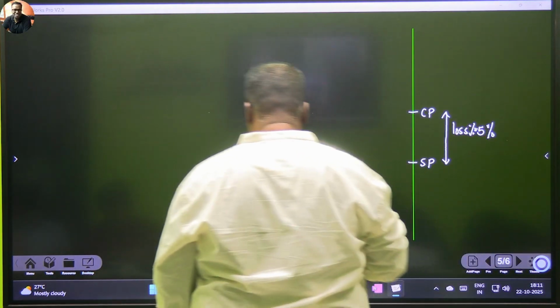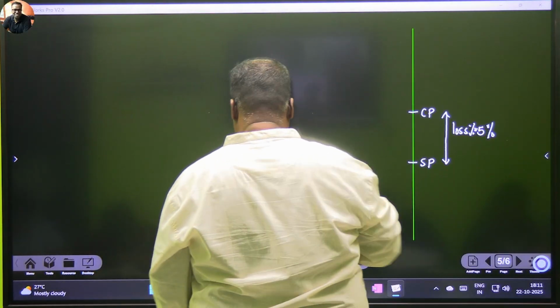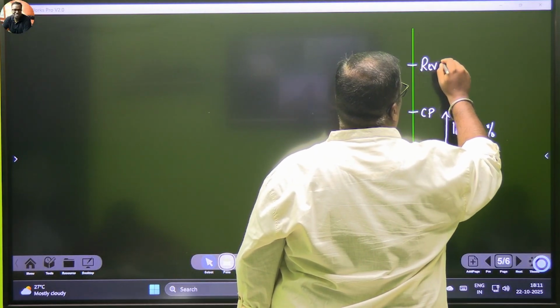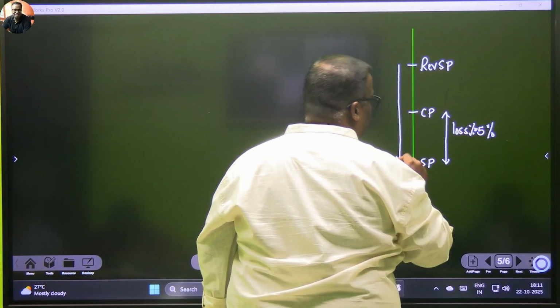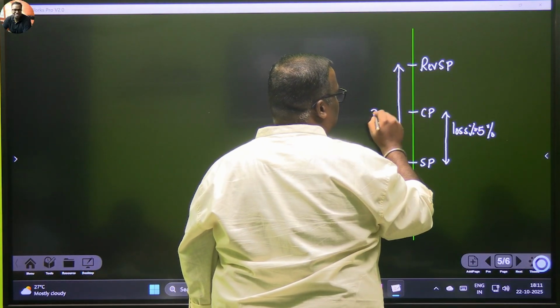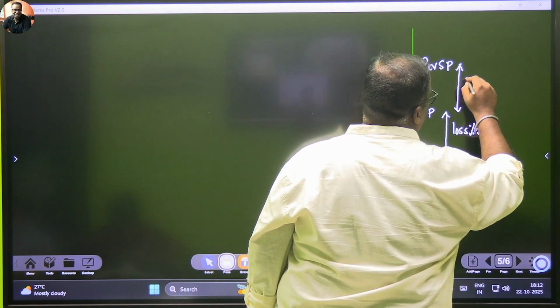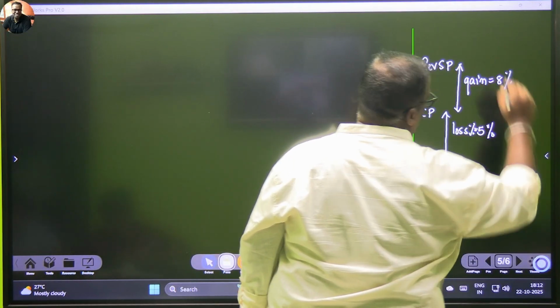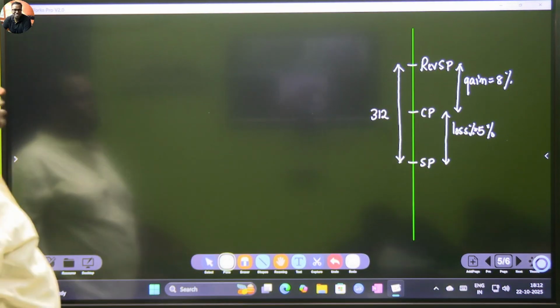Had you sold at 312 rupees more, so this SP is here, and this gap is 312, at that time you make a gain of 8%. This was the problem.